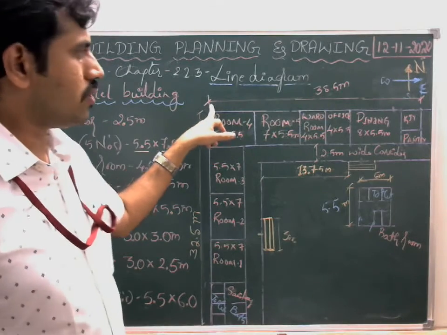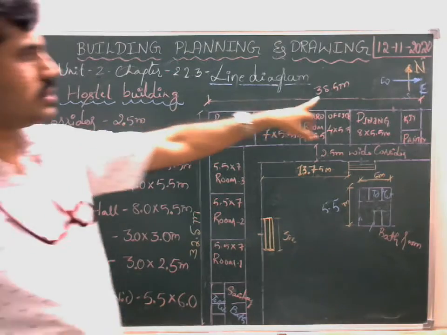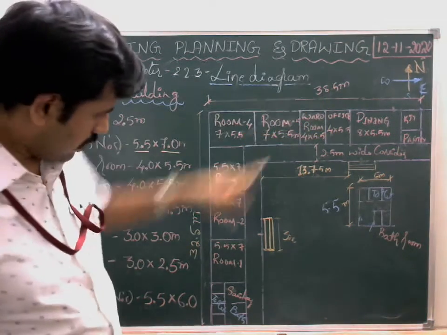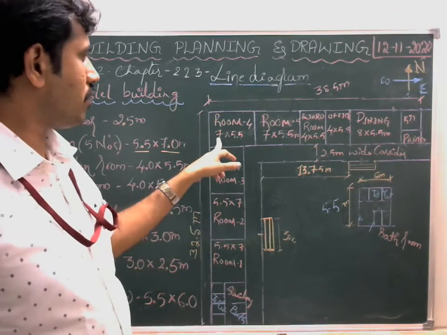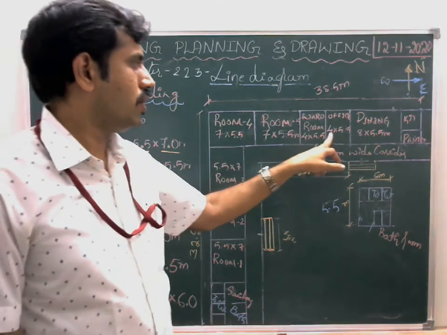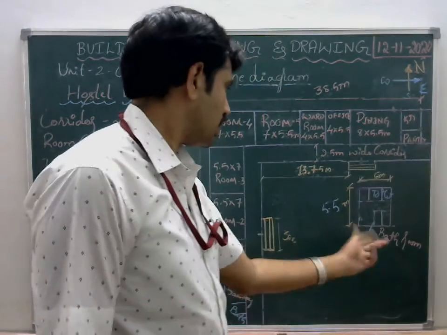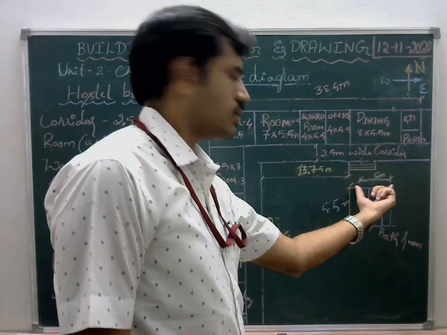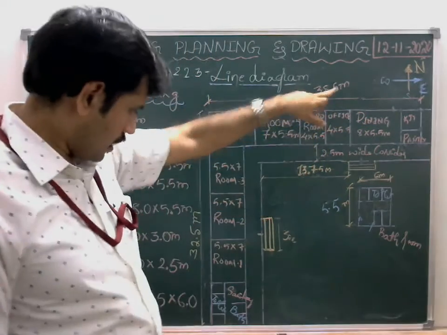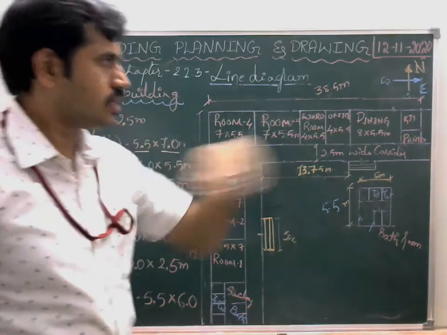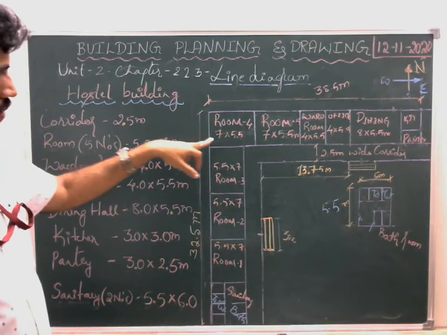And here, if you want to calculate, the side dimension is not given. I have to calculate this 38.5 meter into 32.5 meter. Add these things along this: 7 plus 7 plus 4 plus 4, 8 plus 3, and again this dimension is given as 6 meter. So if we include this 38.5 meter along the east direction, along the x direction, you calculate this.